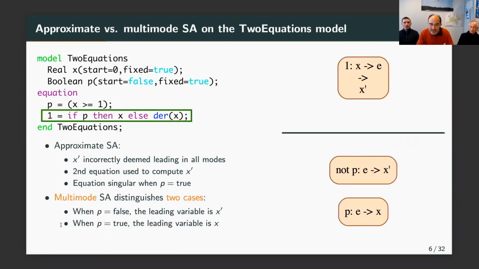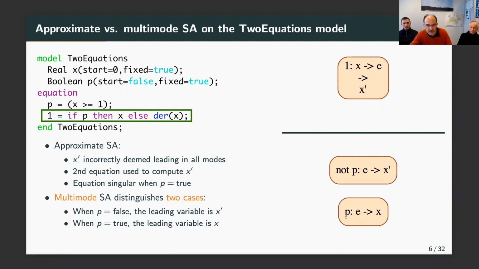What you should do instead is an exact structural analysis that takes care of the modes and that distinguishes the structure of the model into the two different modes of this system. So when p is false, indeed, the equation can be used to compute the value of x prime, and x prime is the leading variable when p is false.